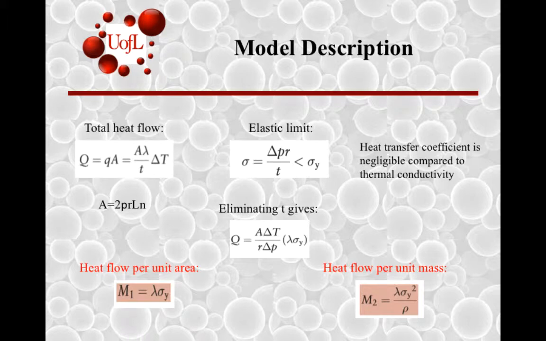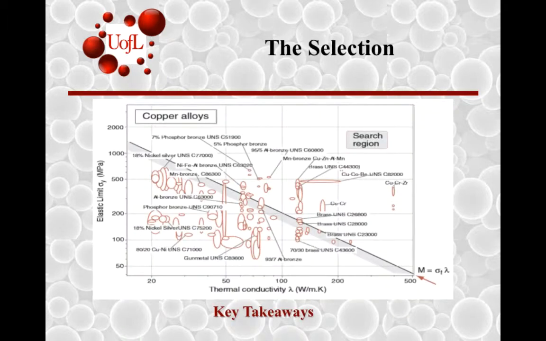But this case study mostly focused on the heat flow per unit area. And since it's conduction limited, you can ignore the heat transfer coefficients compared to the thermal conductivity. So for the selection, those are all the limitations and constraints.